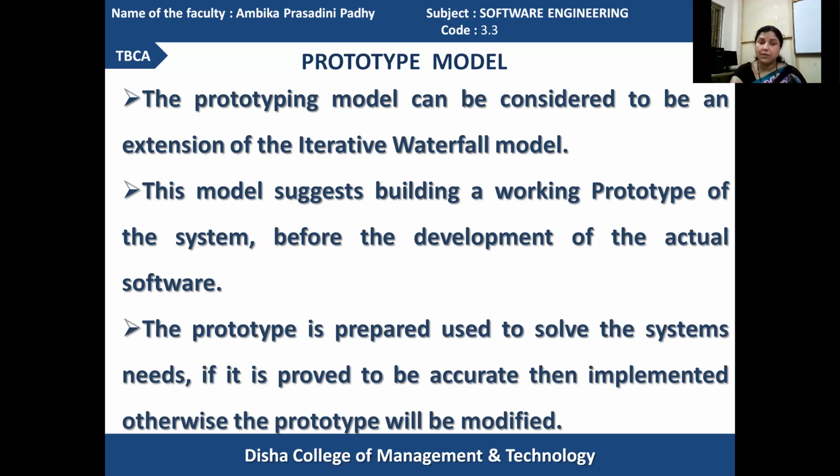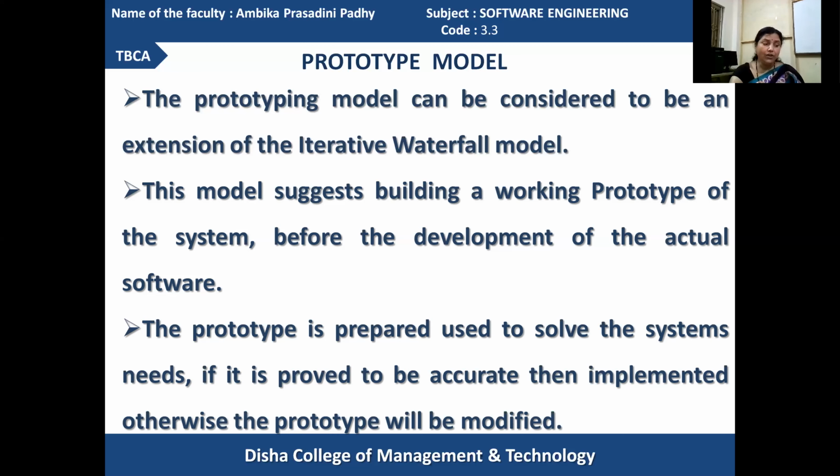The prototype is prepared to solve the system's needs. If it is proved to be accurate, then it is implemented for solving the system's needs. Otherwise, the prototype may be modified. When the prototype is proved not to be working well, the corrections on the prototype can be performed in its subsequent phases.